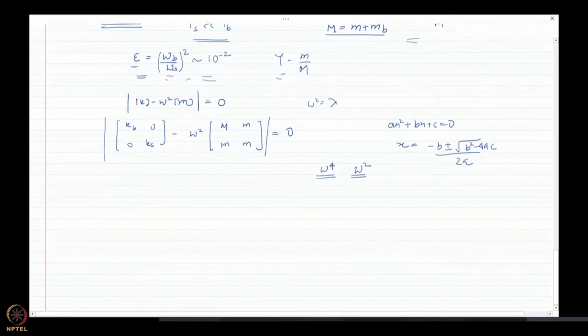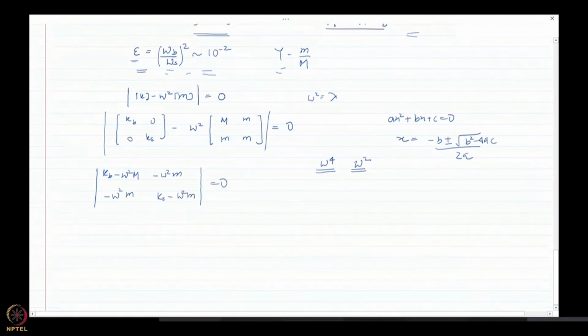I hope at least you got the characteristic equation. Remember, if I substitute this and then solve, what I would get as my determinant is KB minus omega square M, and then minus omega square m, the second element, minus omega square m, and this would be Ks minus omega square m, and this is equal to 0.